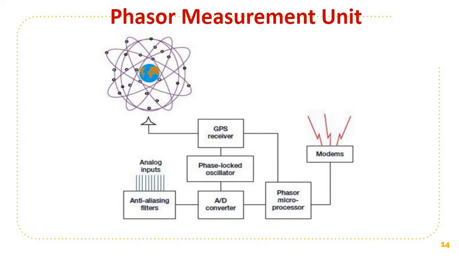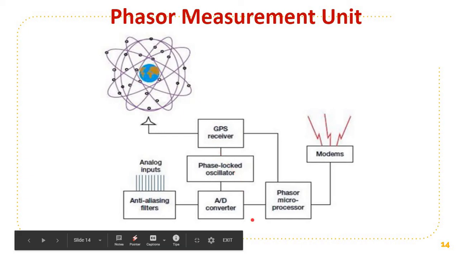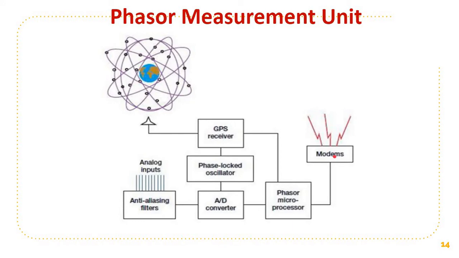And then finally we have an A to D converter, which converts analog signals to digital signals, and then it goes to a microprocessor connected to a modem, through which it can be transmitted to a remotely located control center or cloud for computation purpose and analysis.